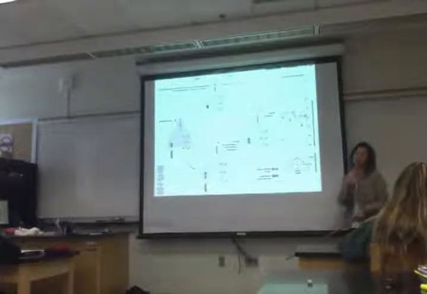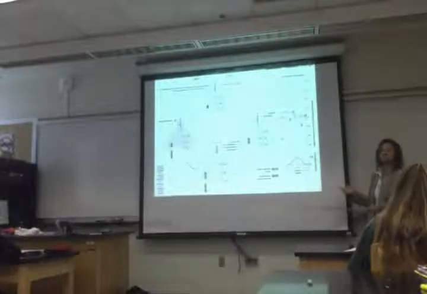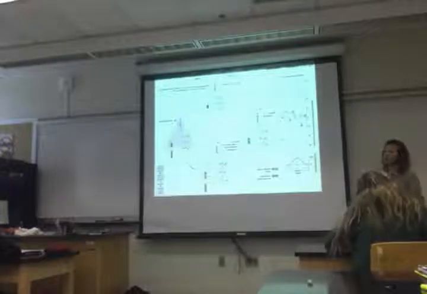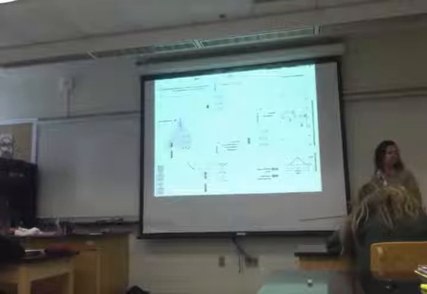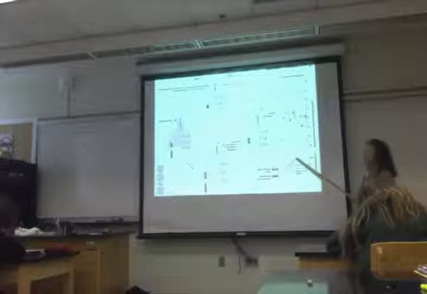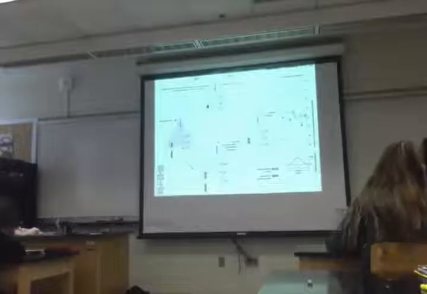In one regular breath at rest, we're going to move ½ a liter of air in and out. Here's the beginning of the breath. We start at 0, then we take our breath in, there's our ½ a liter, and then we just breathe it out. That's not bad.